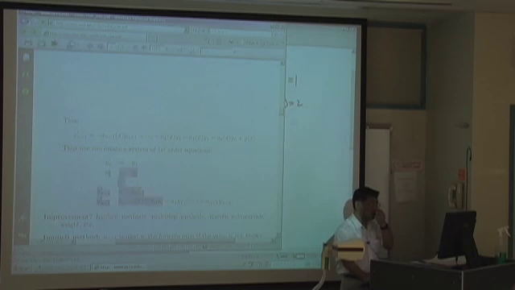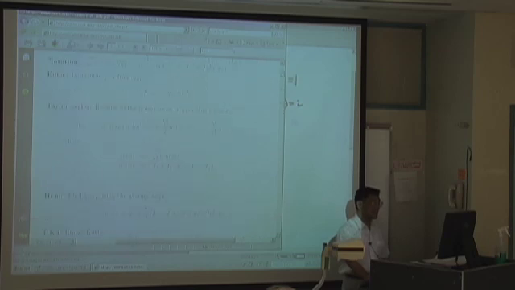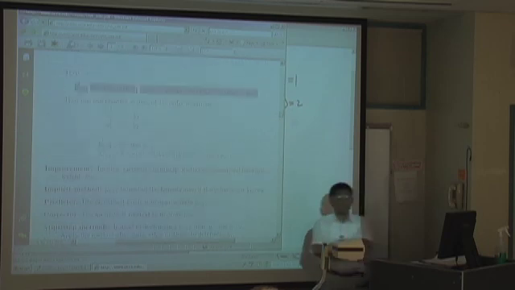This portion is just the definition part, and this portion comes from the differential equation itself. And then initial conditions are given by the problem. Any questions?